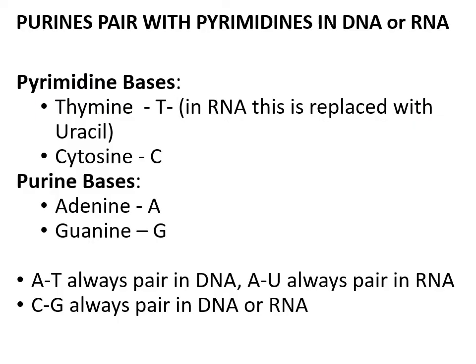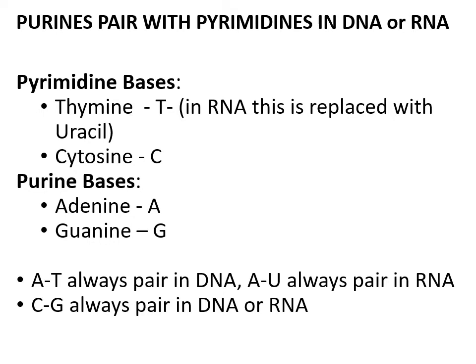Okay, so let's go into a bit more detail about bases. Purine bases and pyrimidine bases are in DNA, and also in RNA. Remember, DNA is deoxyribonucleic acid, and RNA is ribonucleic acid. Why do I say that? Because we're just describing it based on the type of sugar it has: deoxyribose.